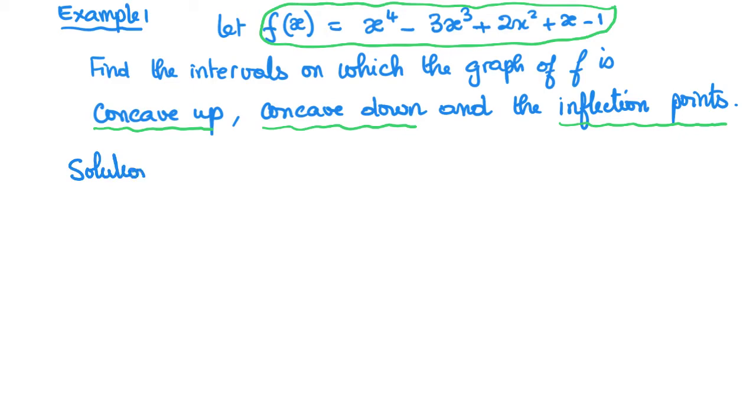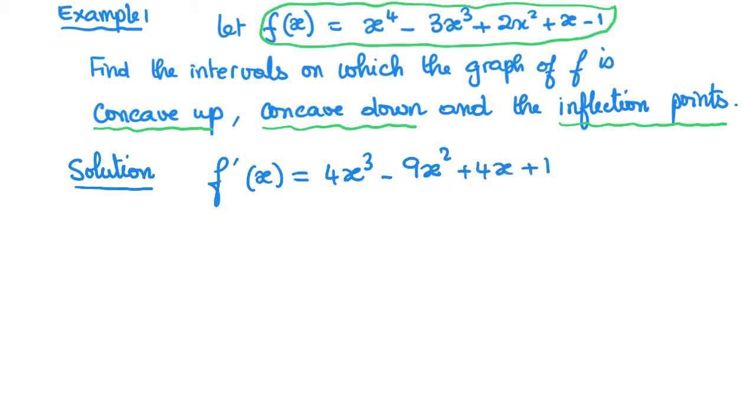Of course, all the information will come from the second derivative, so I will differentiate the function twice. The first derivative will be 4x^3 minus 9x^2 plus 4x plus 1, and then the second derivative is going to be 12x^2 minus 18x plus 4.